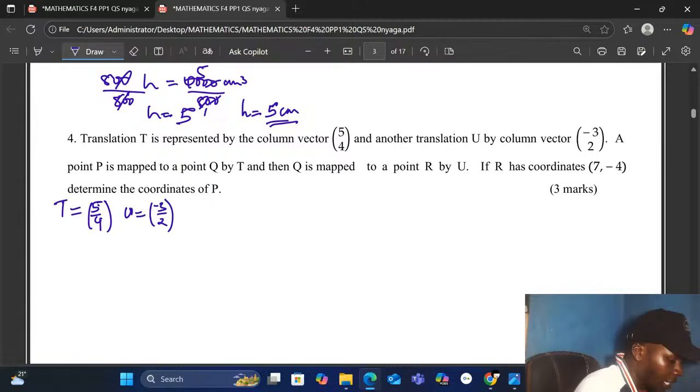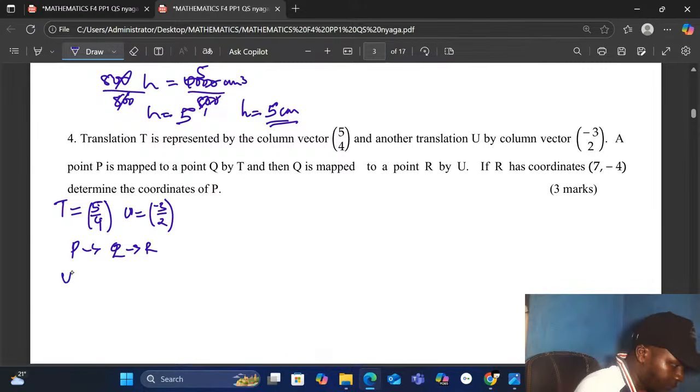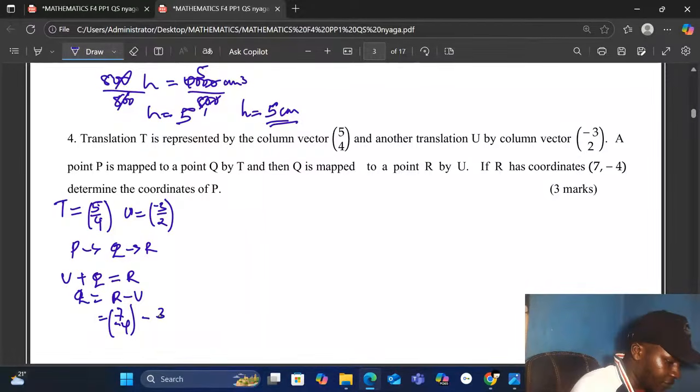P is mapping to Q, then Q to R gives us R. Therefore, for Q we simply take R minus U, and that is (7, -4) minus (-3, 2), and that gives us (10, -6). So that is the vector Q.